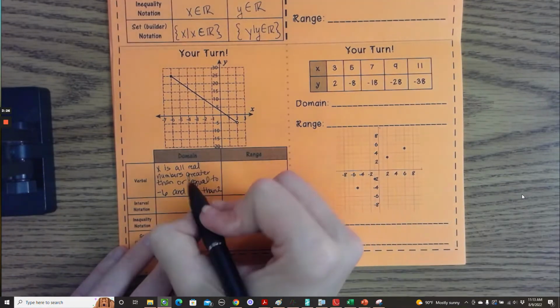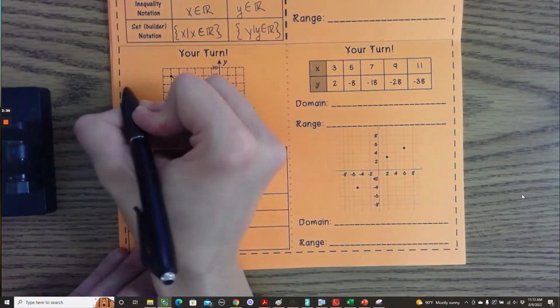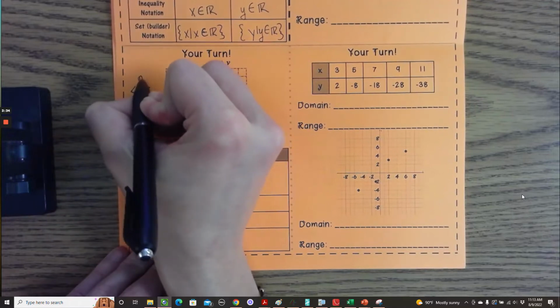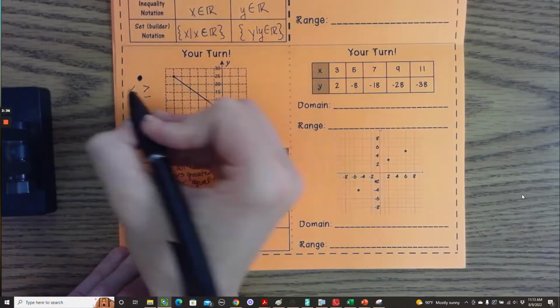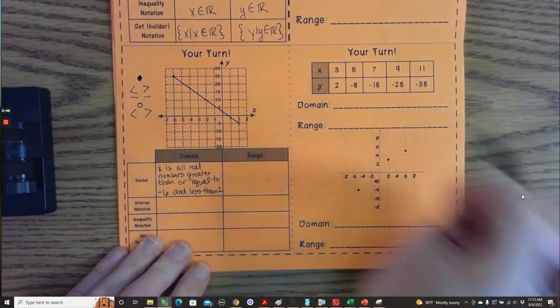Now, how I know that this is greater than or equal to: it's a solid dot. Less than or equal to, greater than or equal to is a solid dot. Less than or greater than is an open circle.